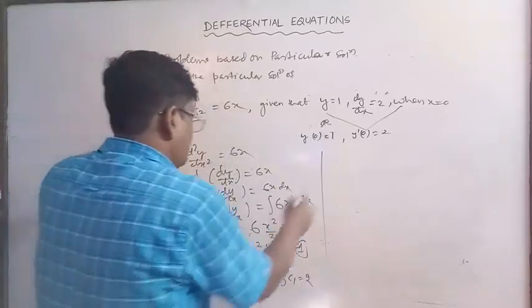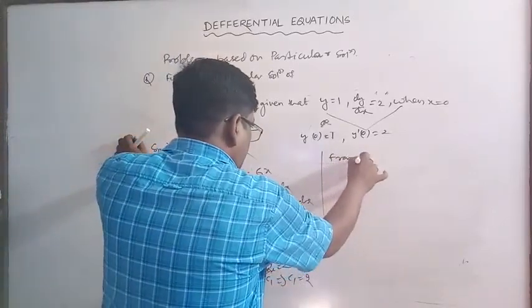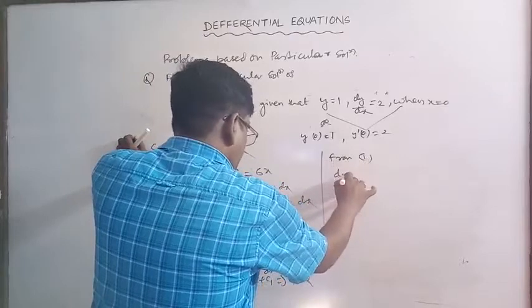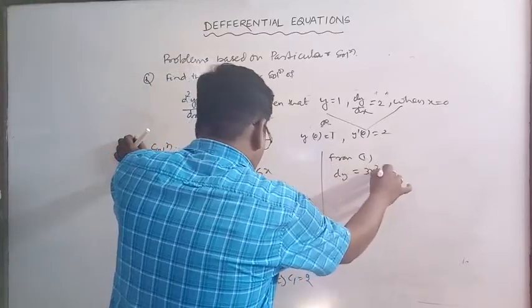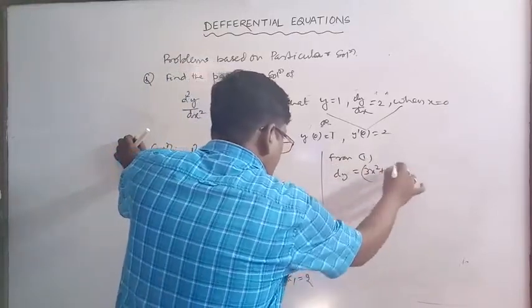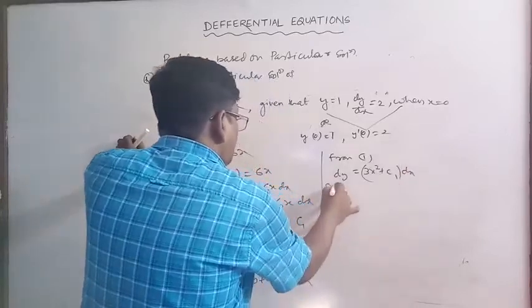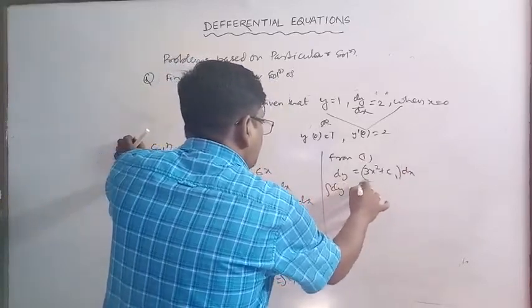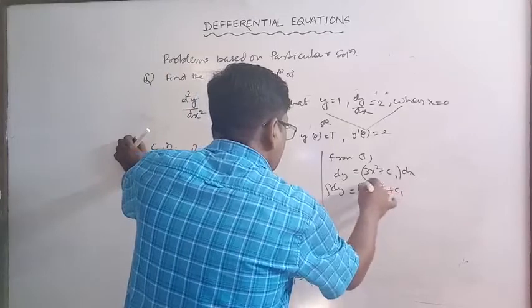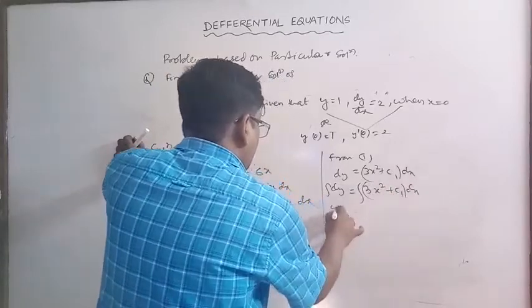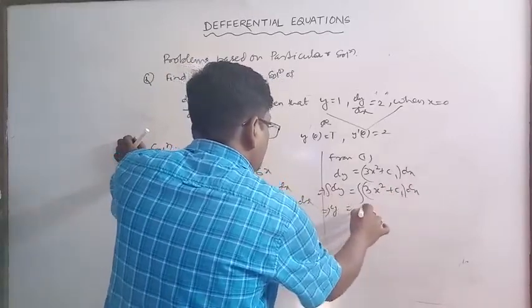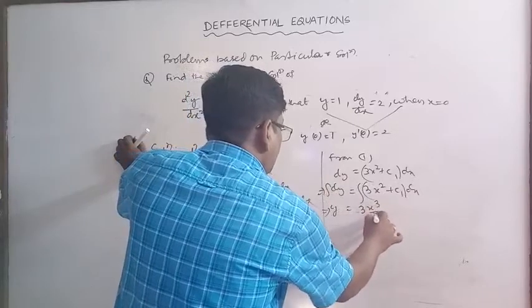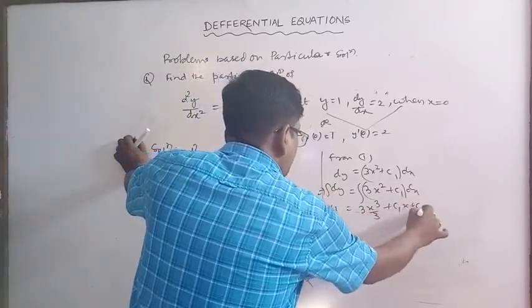Again from equation 1, dy is equal to 3x square plus c1 into dx. Integrating both sides, y is equal to integration of 3x square plus c1 into dx. So y is equal to 3 into x cube by 3 plus c1x plus c2.